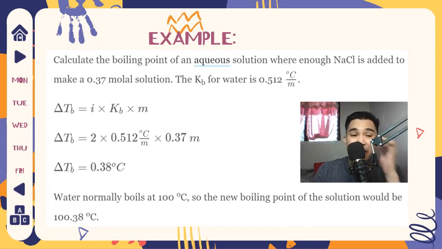The change in T sub B is equal to 2 times 0.512 degrees Celsius per mole times 0.37 mole. So that is equal to 0.38 degrees Celsius. Water normally boils at 100 degrees Celsius, so the new boiling point of the solution would be 100.38 degrees Celsius, and it is very evident that the boiling point is being elevated by 0.38 degrees Celsius.